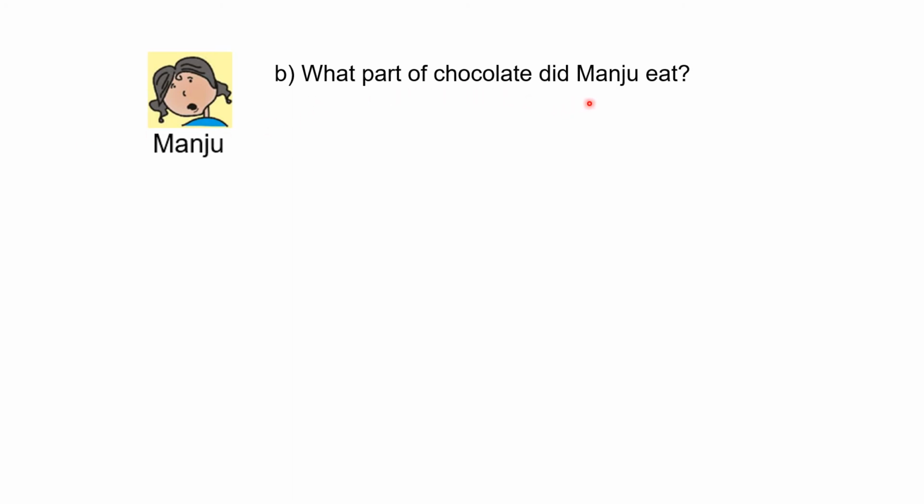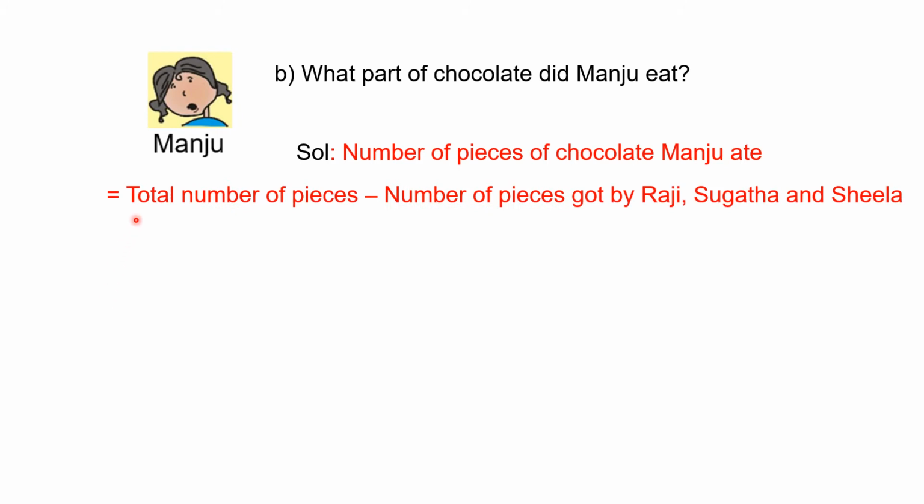What part of chocolate did Manju eat? Number of pieces of chocolate Manju ate. Total number of pieces minus number of pieces got by Raji, Sugata and Sheila together. Total number of pieces is 12 minus Raji got 3 pieces, Sugata got 4 pieces and Sheila got 2 pieces.